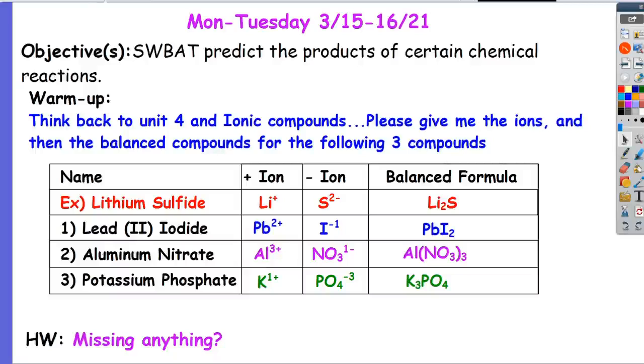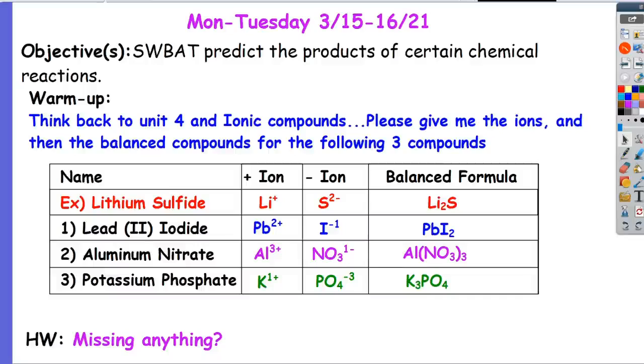If you're not sure, you can also check the common ion chart. Almost all of the metals that we use with Roman numerals are listed there with their charges and symbols. So lead-2 would be Pb with a +2 charge. Then my iodide, it ends with "ide," so that means it's on the front.